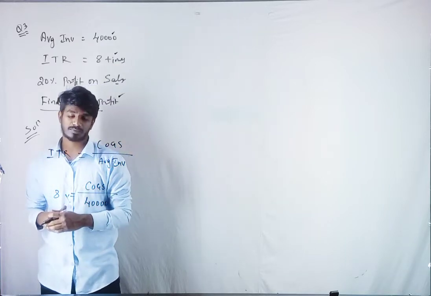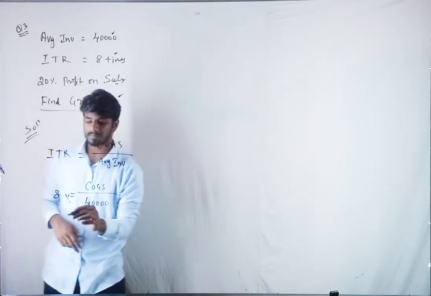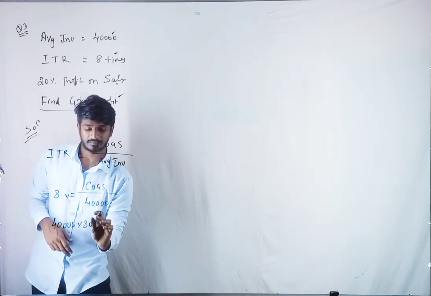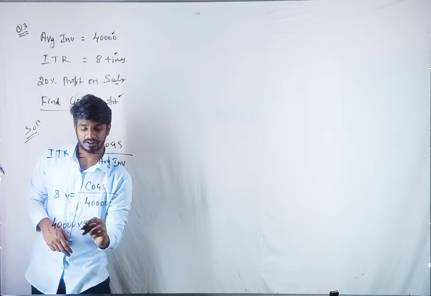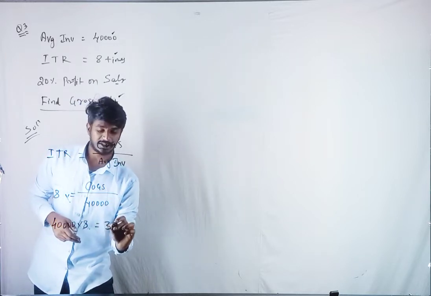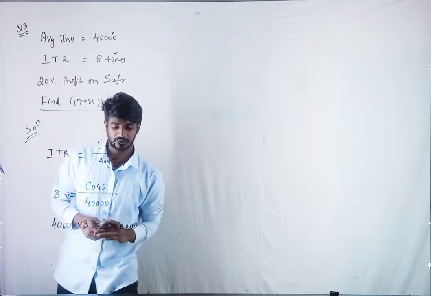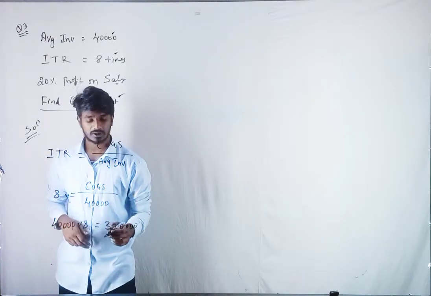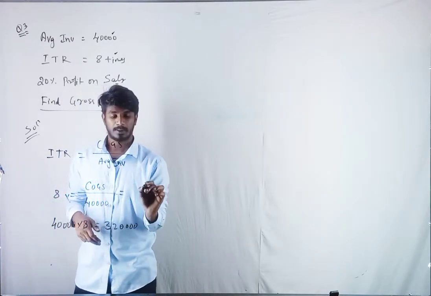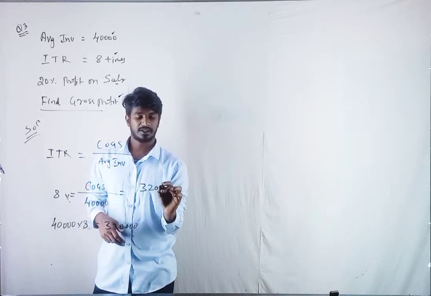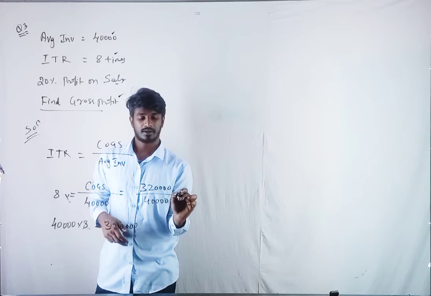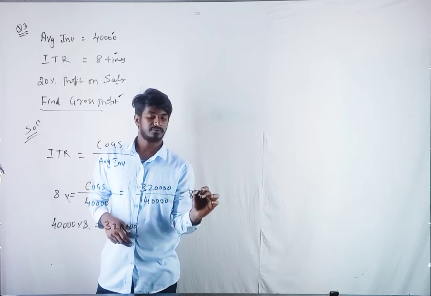If we cross multiply, 40,000 into 8 comes out 3,20,000. Is that correct? 3,20,000 is the cost of goods sold.